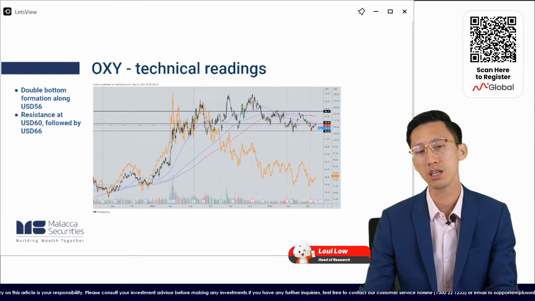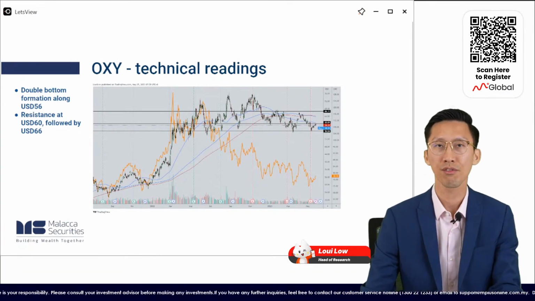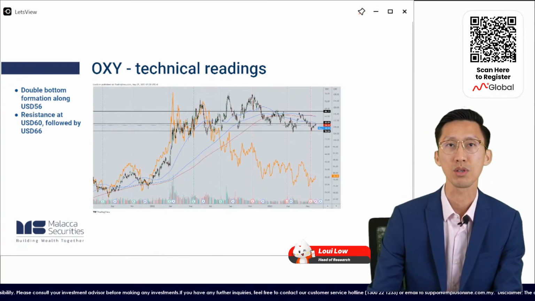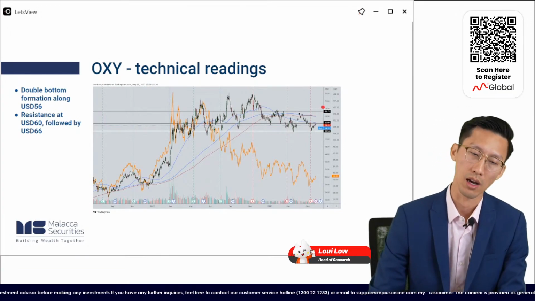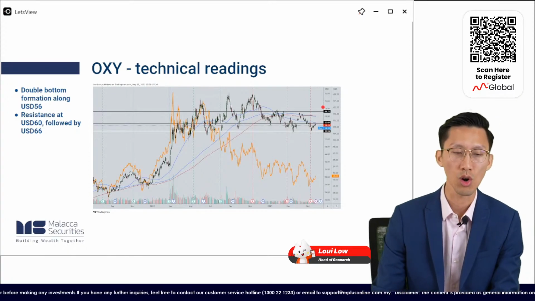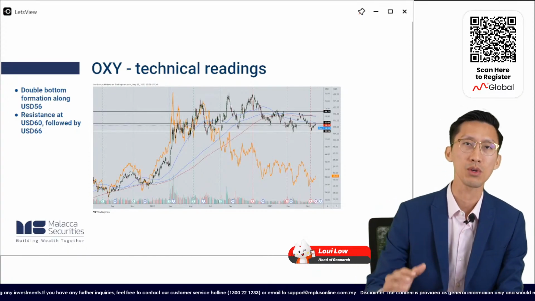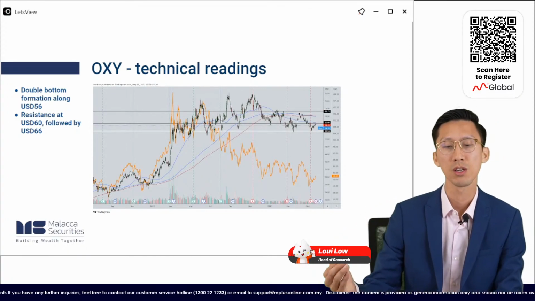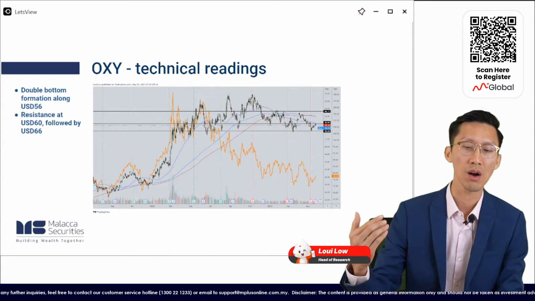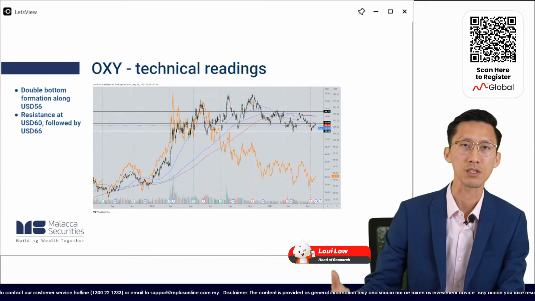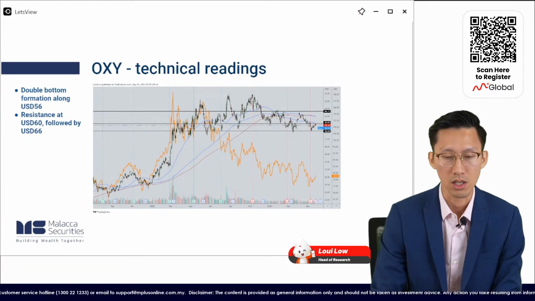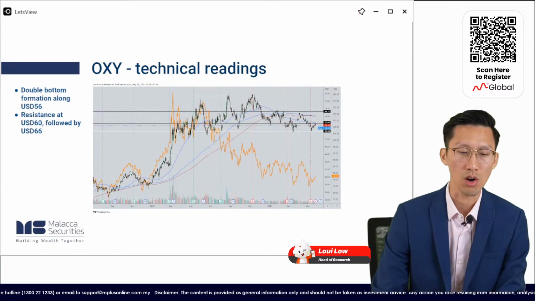Okay, so the idea is that if we can follow this kind of flow, perhaps there could be some opportunities to make money in this journey. So overall, what we are seeing is that the technical reading seems like a double bottom formation, and it can actually move up above 60. Perhaps there is a chance to hit the $66 mark by then. So that is the idea on Occidental.